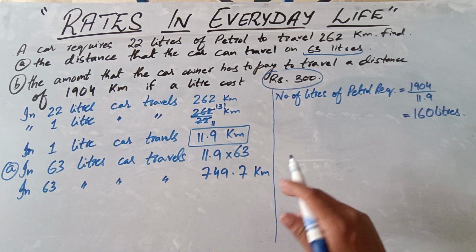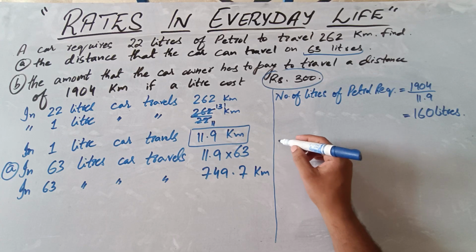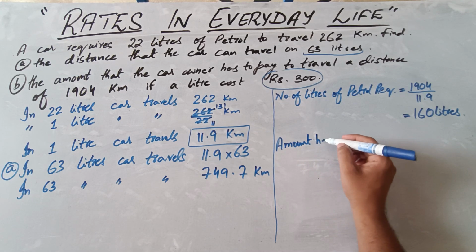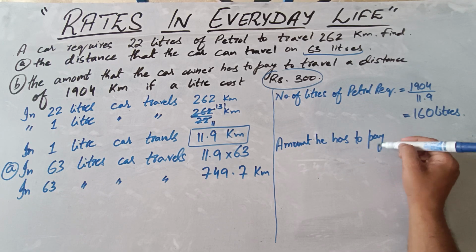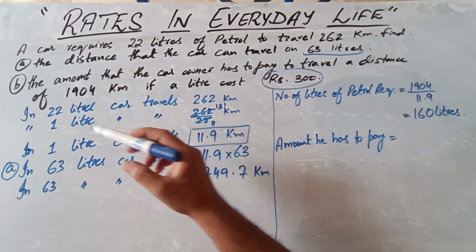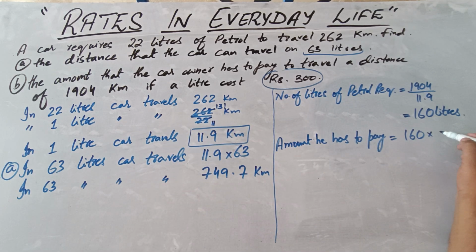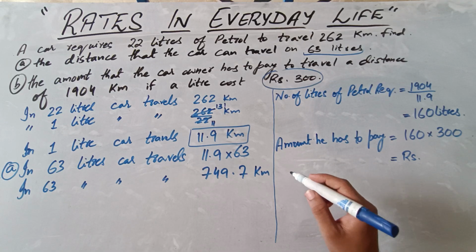1904 kilometers distance. Now we will find out the amount he has to pay to travel this much distance. So we will multiply 160 liters with the cost of 1 liter of petrol. So this will give us the amount that the car owner has to pay.